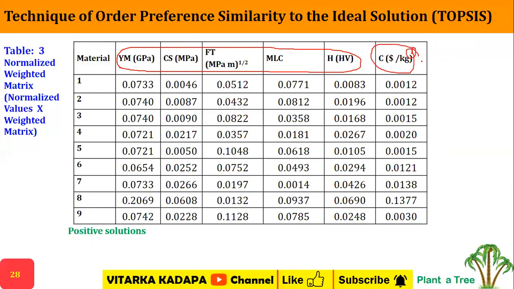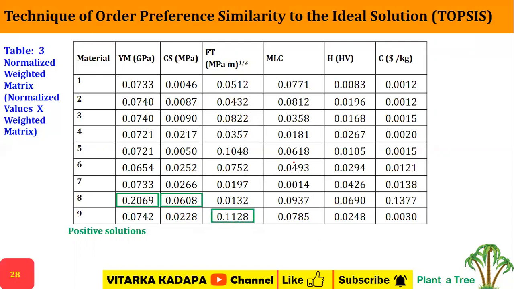Whenever we are considering the positive ideal solutions, we take the maximum of this column. If you estimate, 0.2069 is the maximum value. In the compressive strength, 0.608 is the maximum value. In the fracture toughness, 0.1128 is the maximum value. In loss coefficient, this is the maximum value.